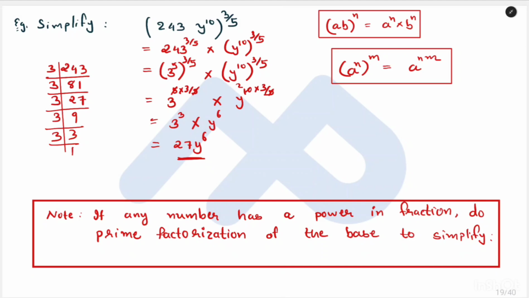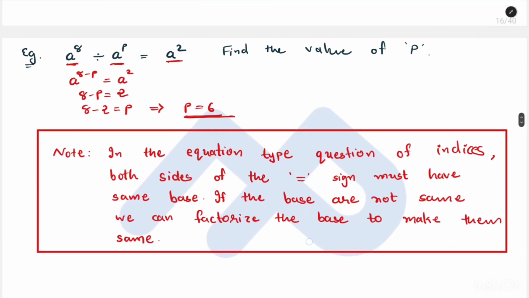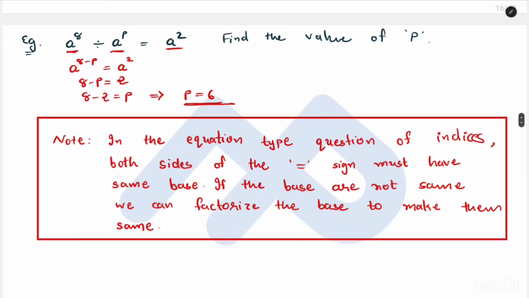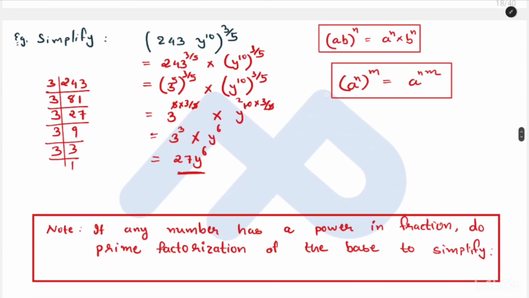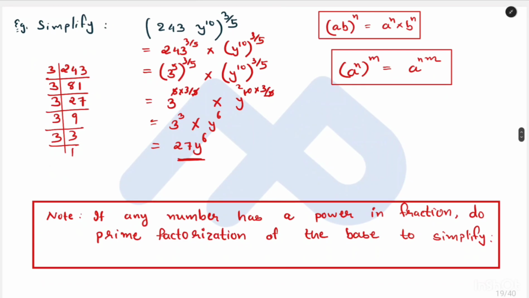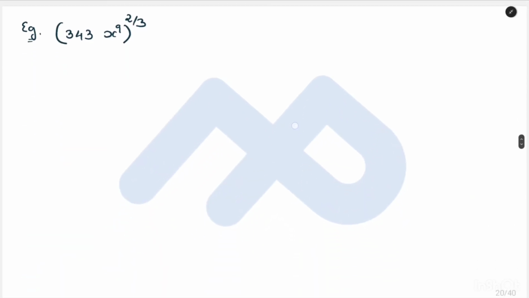So I have already specified, in equations both the sides must have the same base, and if the bases are not the same, you can make them the same by prime factorizing. And second is whenever the power is a fraction of the number, then that number must be prime factorized. Clear?